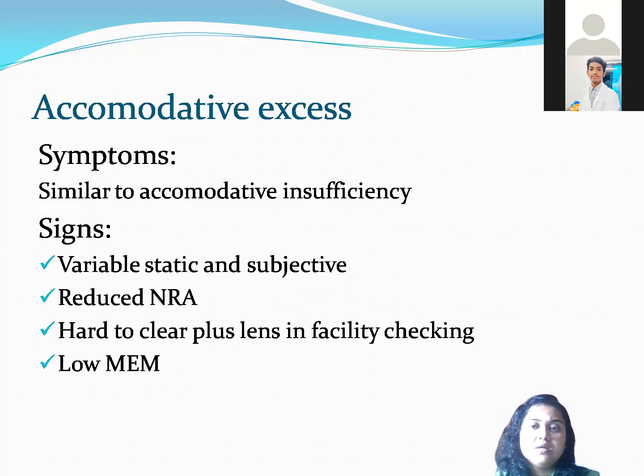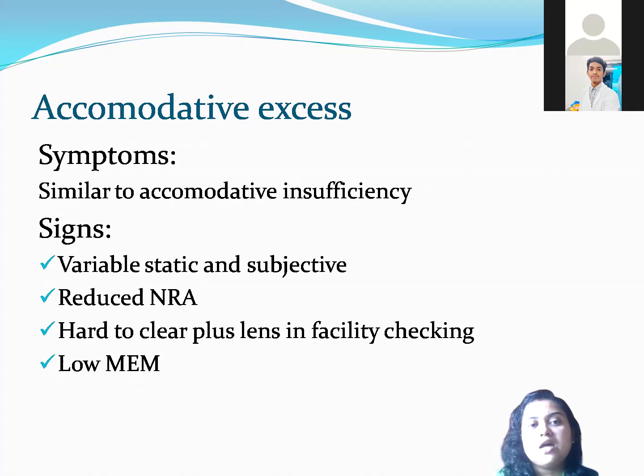NPC will be normal. When you are checking the NRA-PRA, you are testing how much the patient can relax the accommodation with the help of plus lens. Here the patient cannot relax the accommodation. That is the main problem. The PRA will be normal or more, stimulating the accommodation. The PRA may be minus 3, minus 3.5, minus 4, minus 4.5, minus 5, minus 6, whatever it is, you will get a higher PRA value.